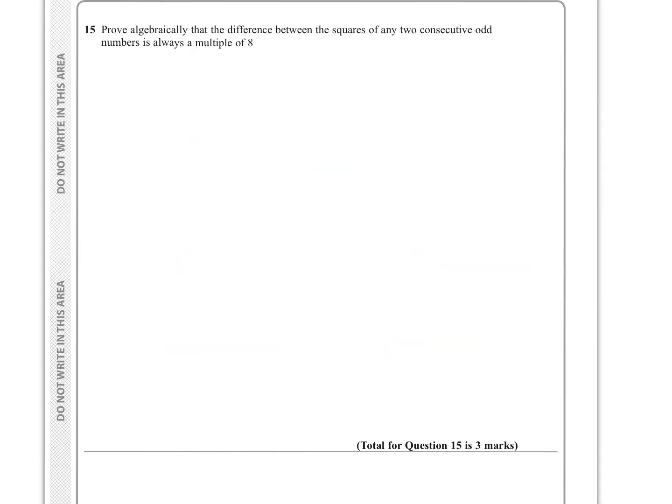Question 15. Prove algebraically that the difference between the squares of any two consecutive odd numbers is always a multiple of 8. Well, let's have a look at an odd number. Let's call it 2n plus 1. And then another one, consecutive, don't forget, 2n plus 3.